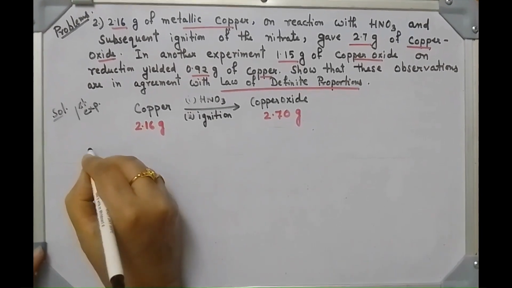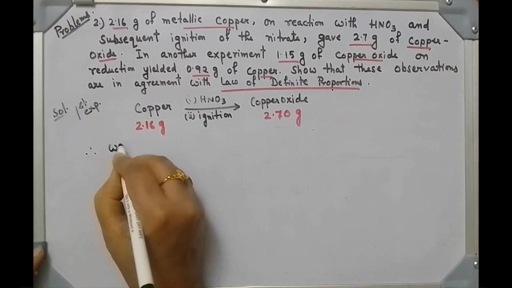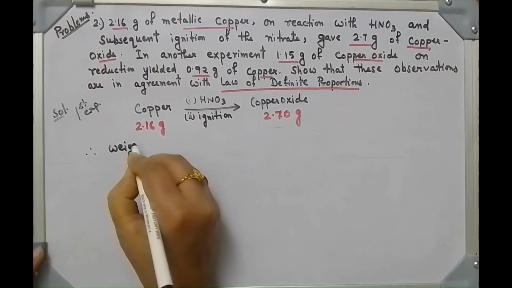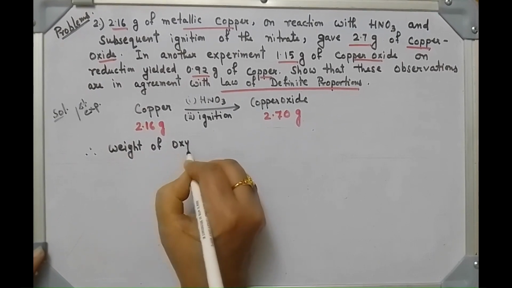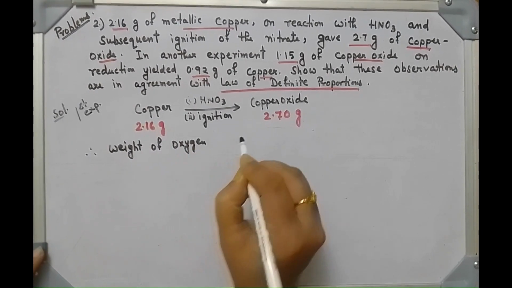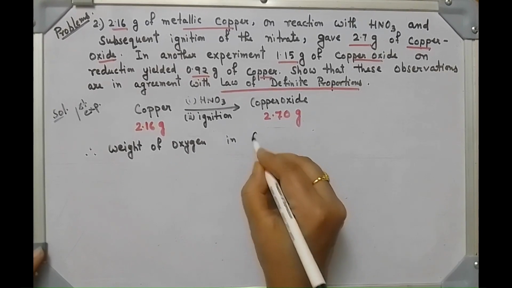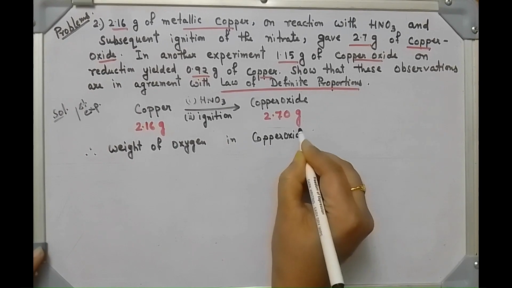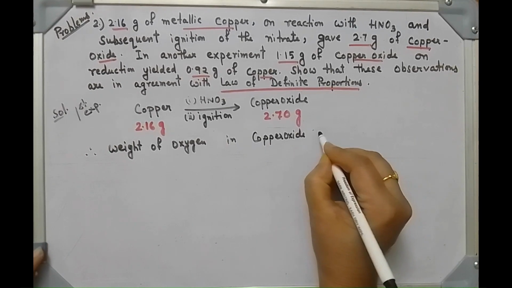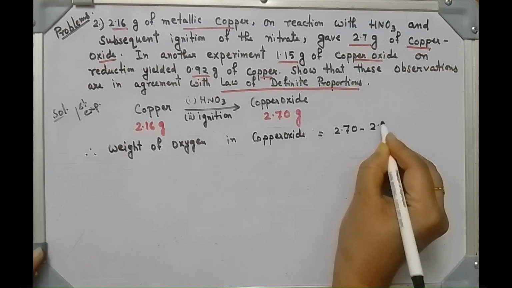Therefore, the weight of oxygen in copper oxide is equal to 2.70 minus 2.16.